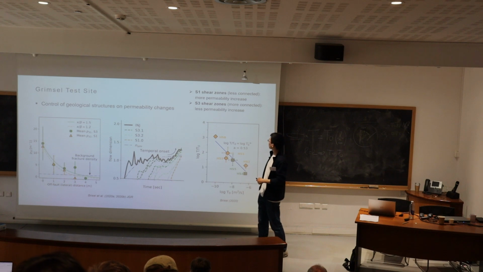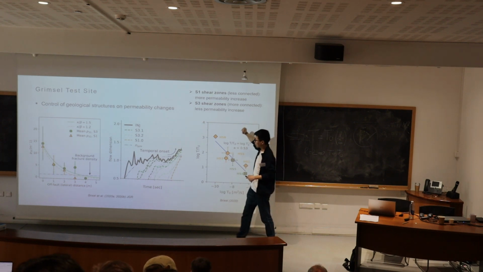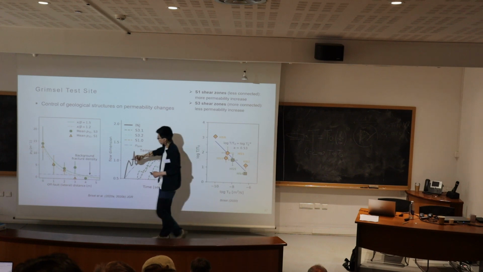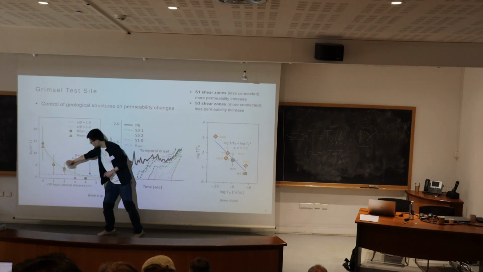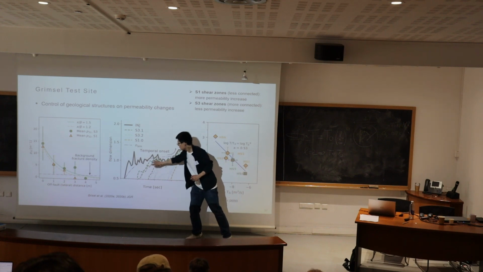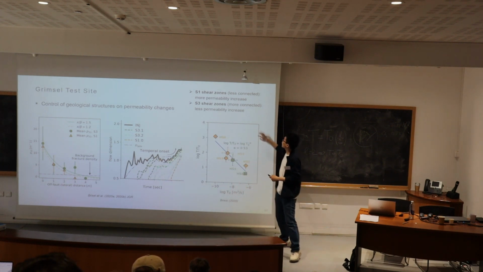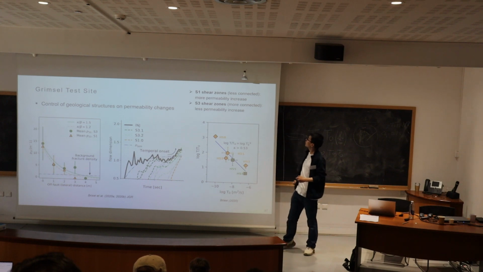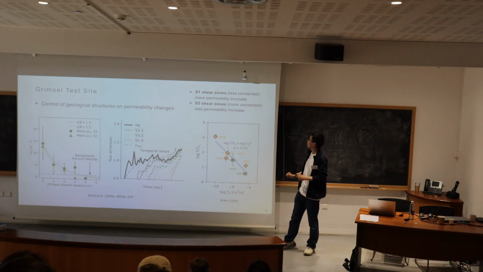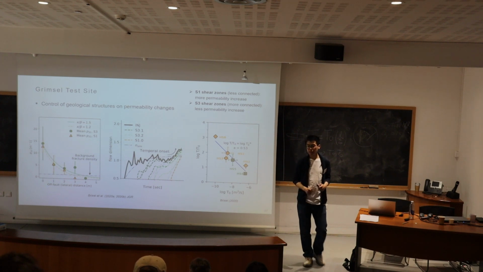The S3 fault is more connected, which is reflected by the higher fracture density and also the early arrival of the pressure front. The other shear zone is less connected and has a lower initial permeability.